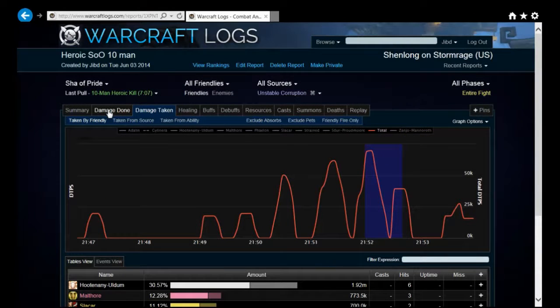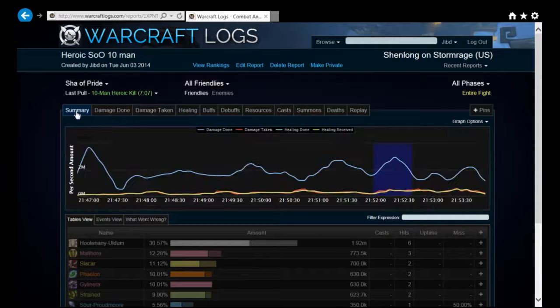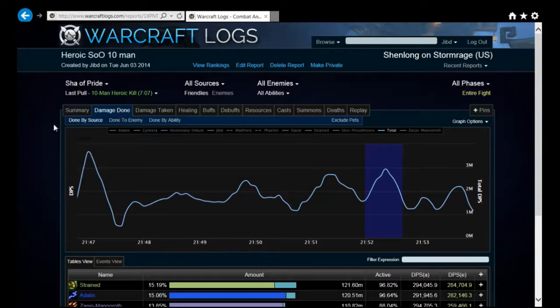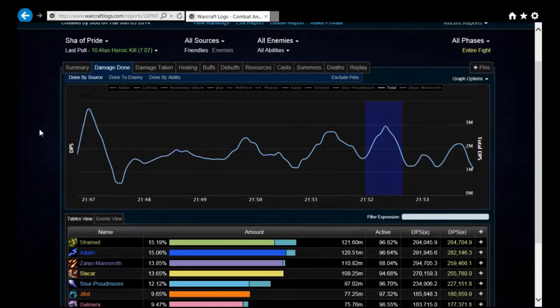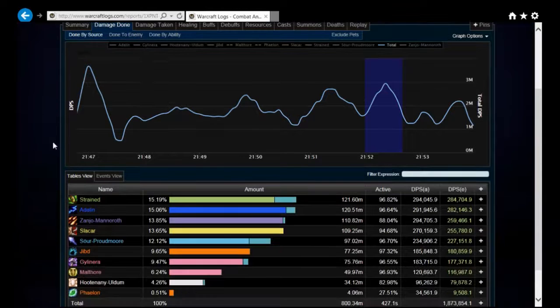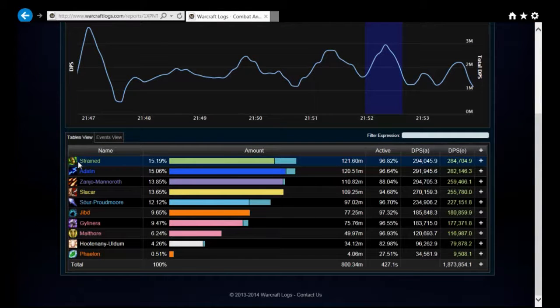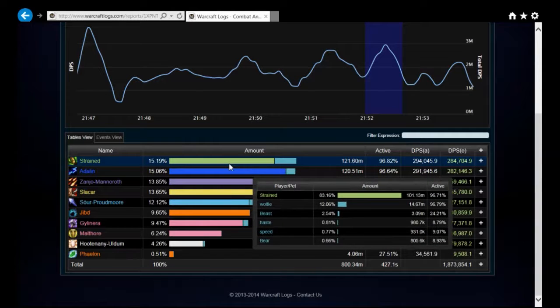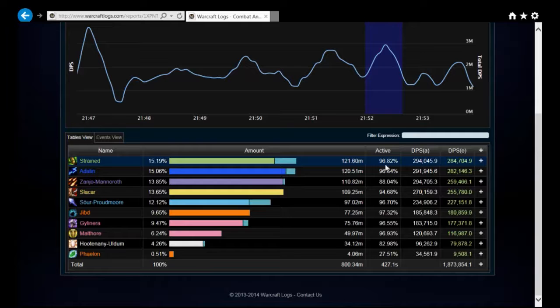Now what we can look at is all the tabs that are at the top. We can always click on summary to go back where we were. We've already looked at damage taken. Let's take a quick look at damage done. This will allow you to see a better chart of the peaks and valleys of the damage done. And then you're also going to see a little bit more detail about the active time and DPS and effective DPS.